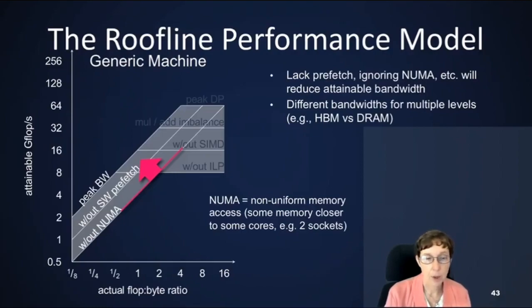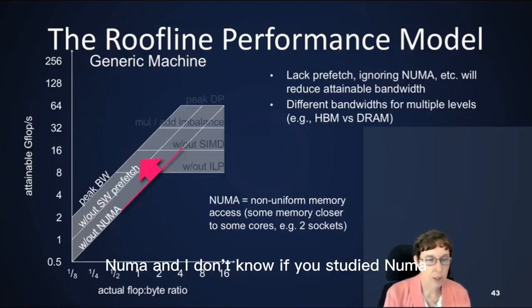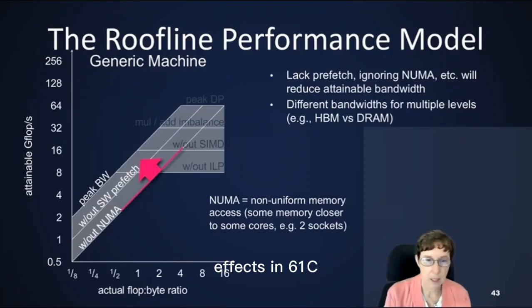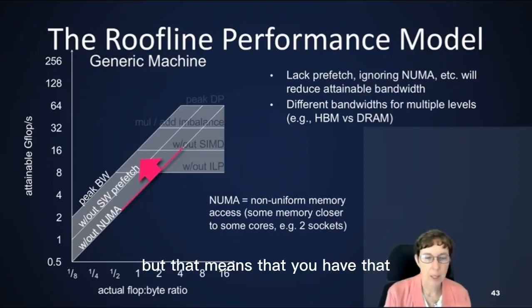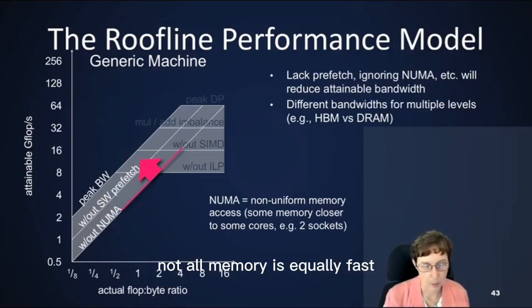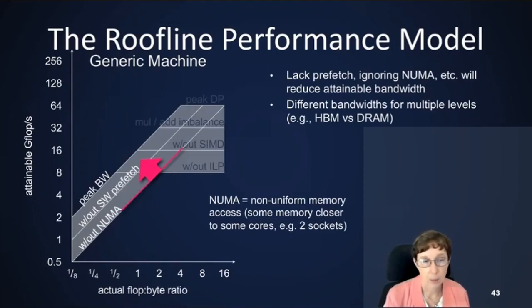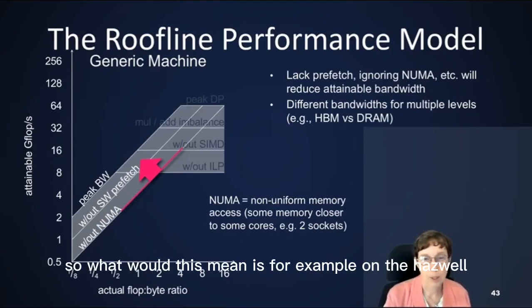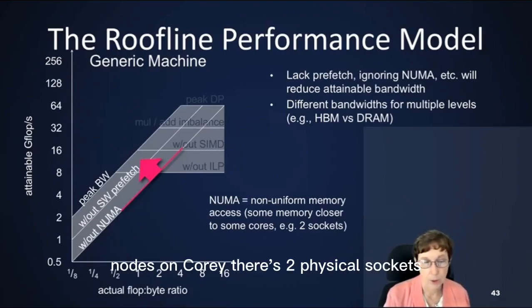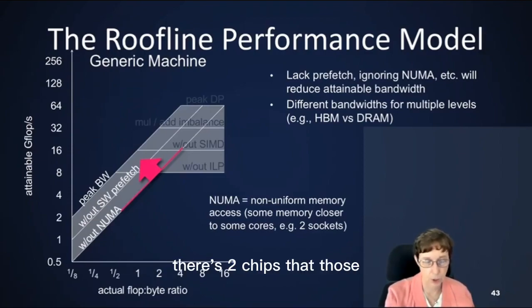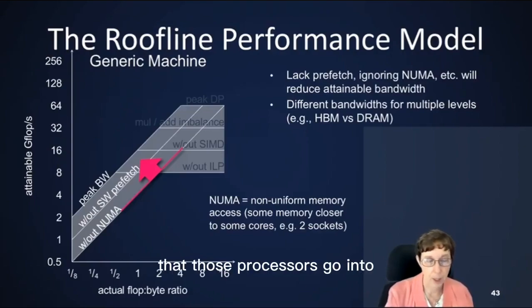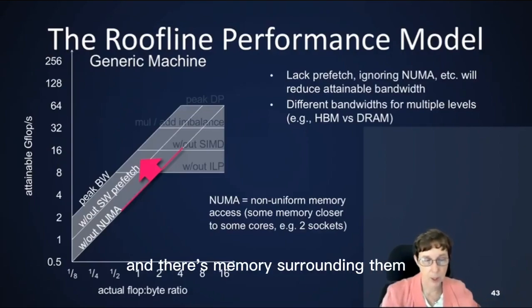But sometimes if you're going to go around a corner or something like that, you'll want to actually issue software prefetches. NUMA, and I don't know if you studied NUMA effects in 61C, means that not all memory is equally fast for each core. For example, on the Haswell nodes on Cori, there are 2 physical sockets. There are 2 chips that those processors go into, and there's memory surrounding them.